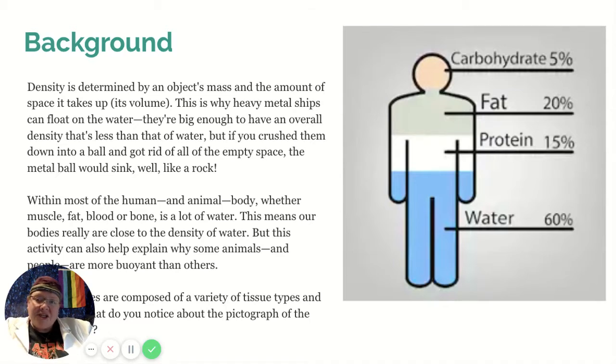This is why heavy ships can float on water. They're big enough to have an overall density that is less than water. But if you crushed them down and got rid of all the empty space, that metal ball would sink like a rock. Within most human and animal bodies, whether fat or bone or blood, there's a lot of water, and this means our bodies are really close to the density of water. But this activity can help us explain why some people and animals are more buoyant than others.